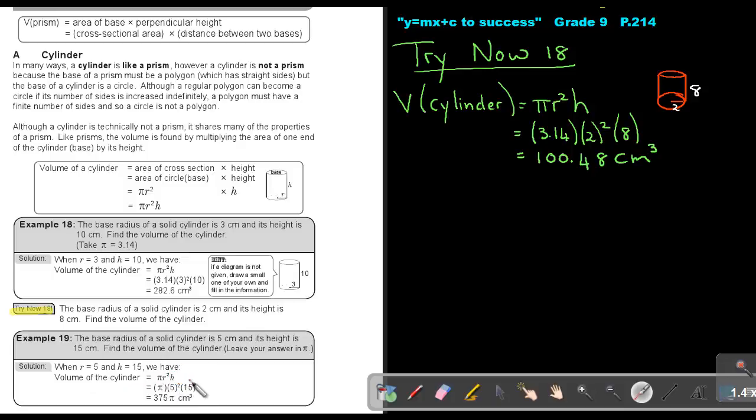We do substitution in brackets, but we leave pi. So we just multiply all the numbers, put it in front, and just leave pi. It actually means that we must say 375 multiplied by 3,14 to get the exact answer. But this is more accurate due to the fact that we did not approximate the value of pi.